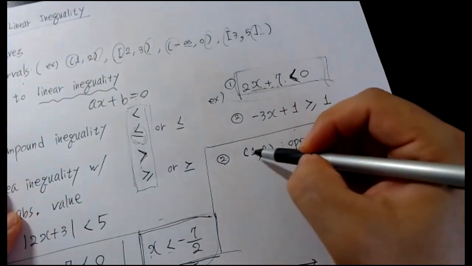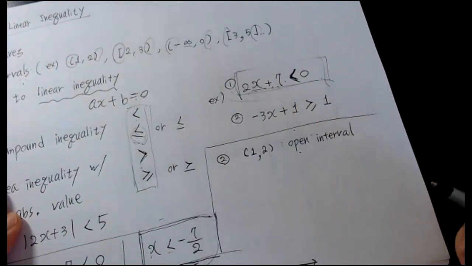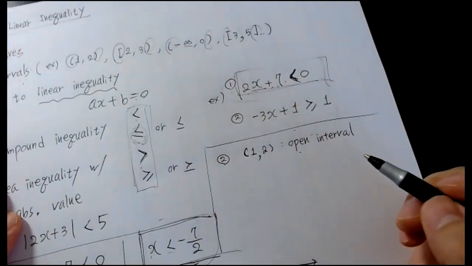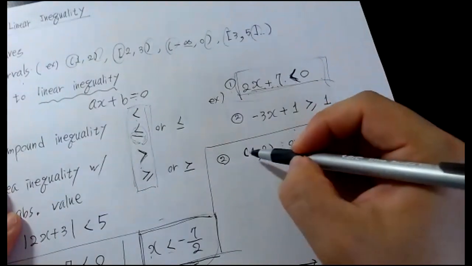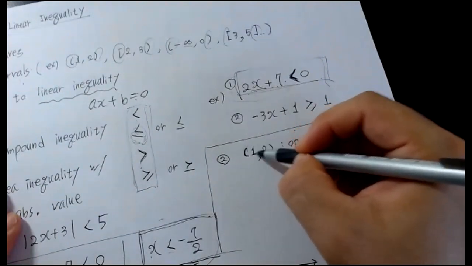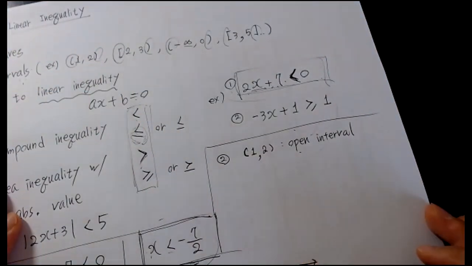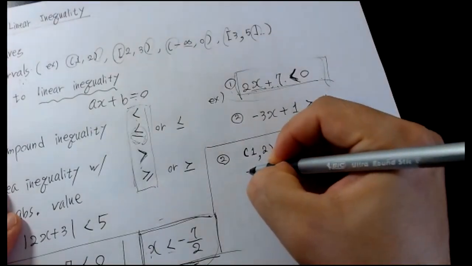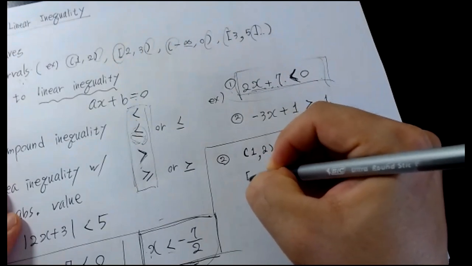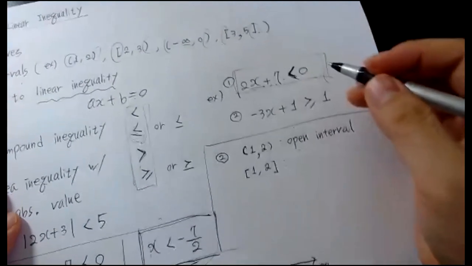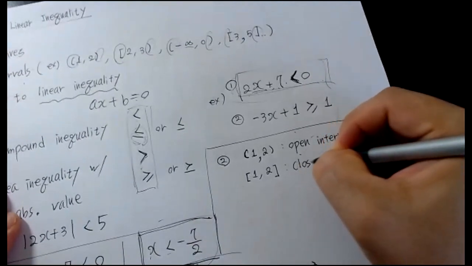It means that the endpoints 1 and 2 are not included. Parenthesis is used as the symbol of an open interval. So the open interval 1, 2 means the set of all numbers between 1 and 2, but the endpoints 1 and 2 are not included. Keep in mind this. But what if we want to include the endpoints? Then we use a bracket, and this bracket is the symbol of a closed interval.